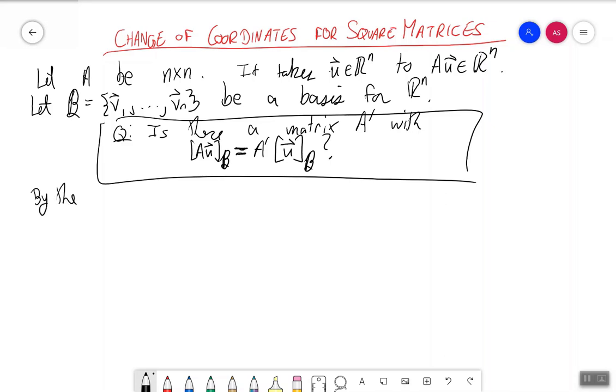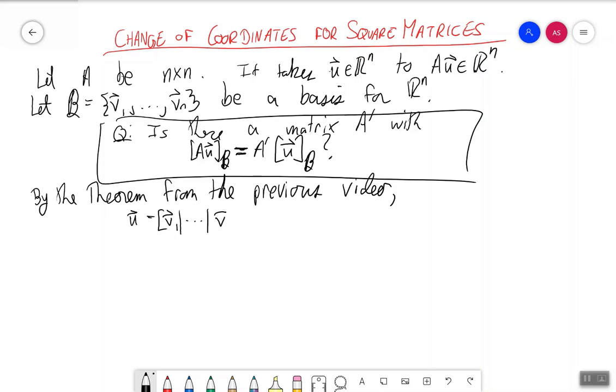By the theorem from the previous video, we know that u is equal to the partitioned matrix v1 through vn times the coordinate vector of u with respect to the basis.